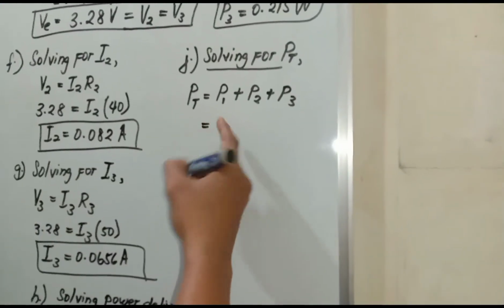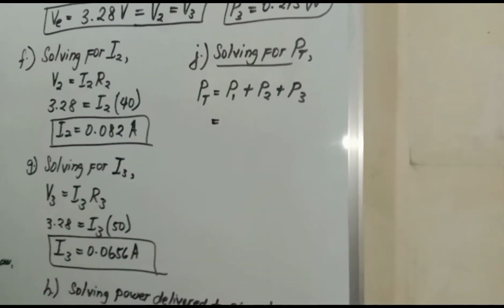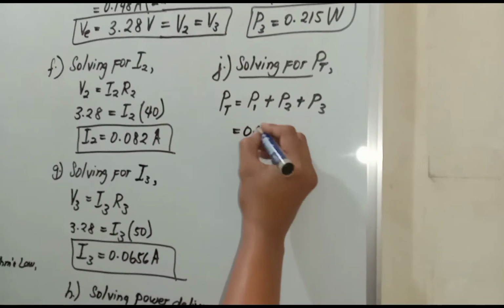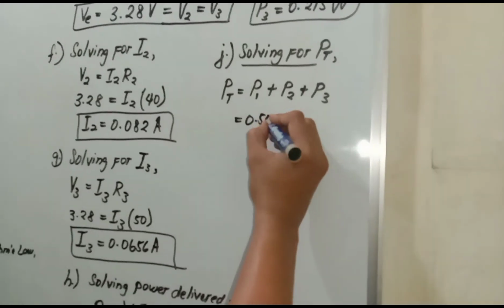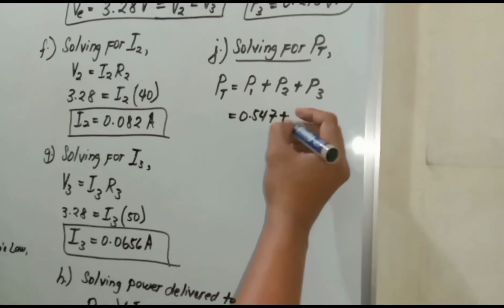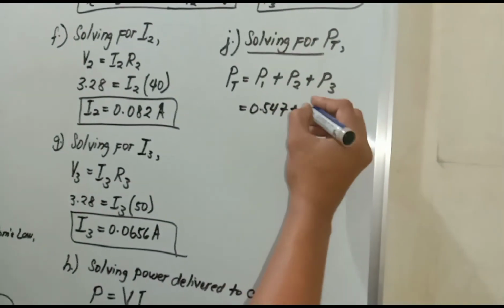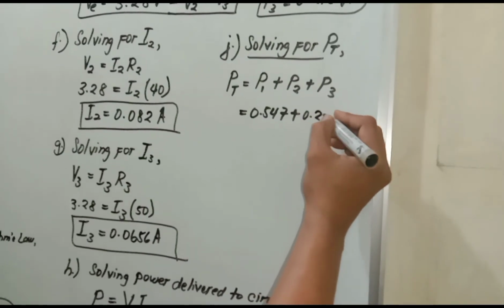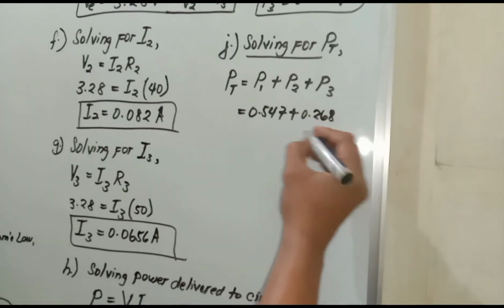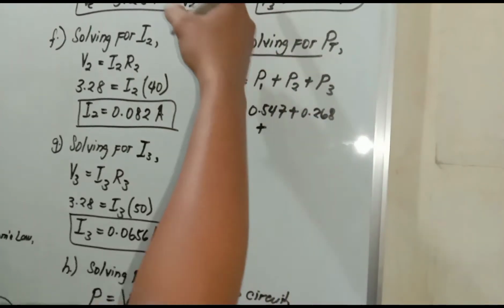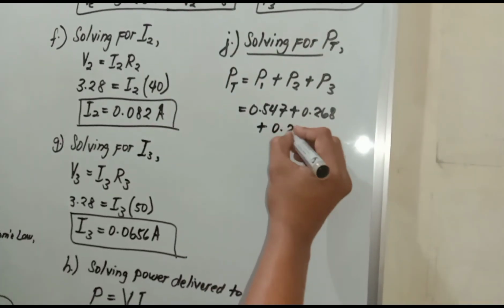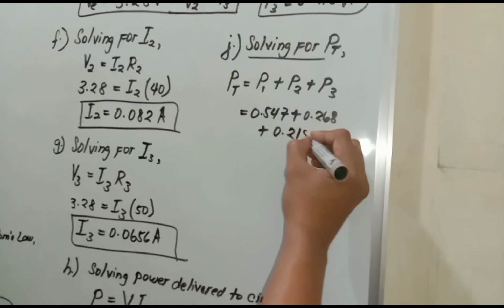So substituting, how much is P1? 0.547 watts plus P2, 0.268 watts, plus P3, 0.215 watts.